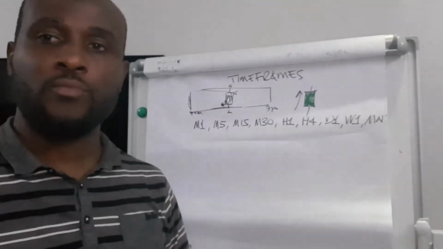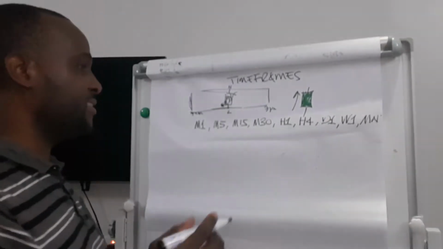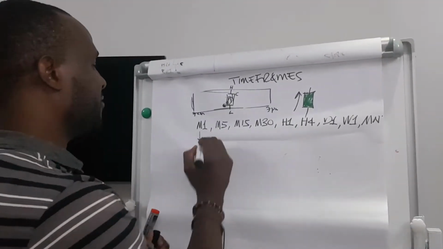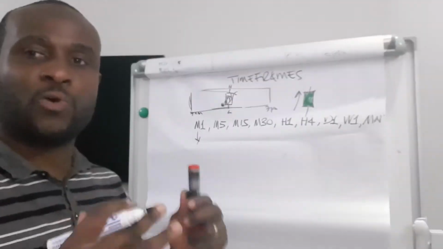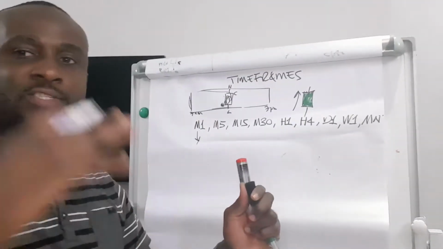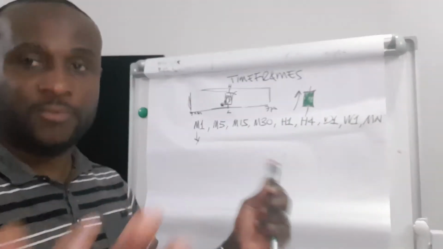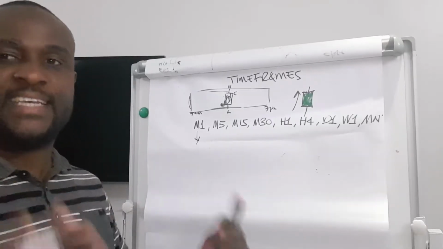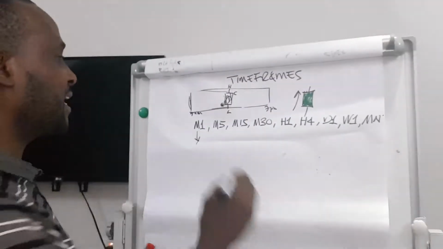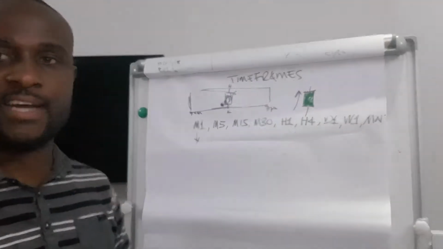Right? And all that simply means is that in the minute time frame, we watch what price does from second 1 to second 60. So it's a 60-second period. What has price done in that 60-second period?